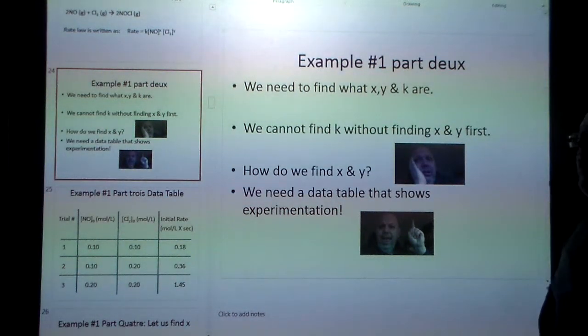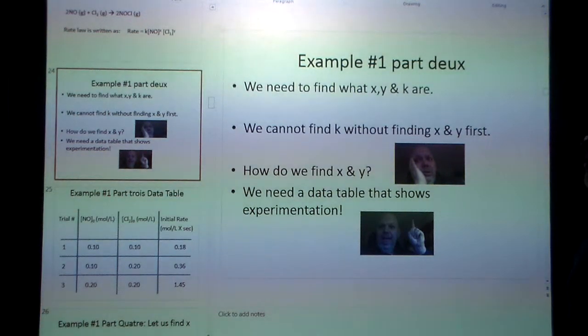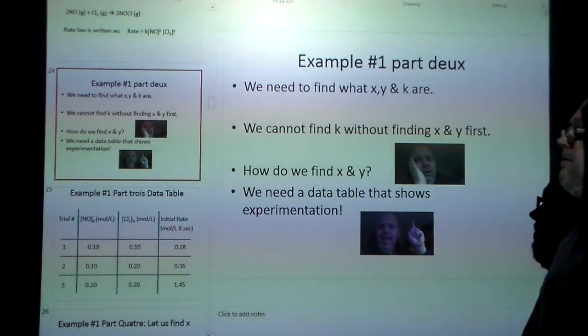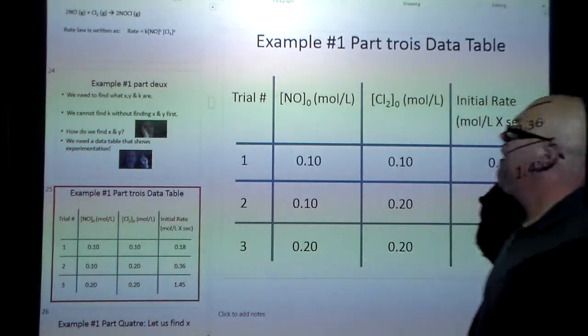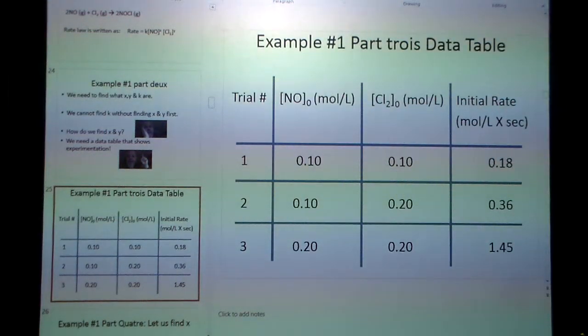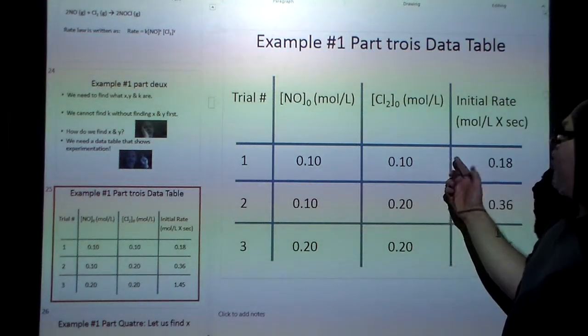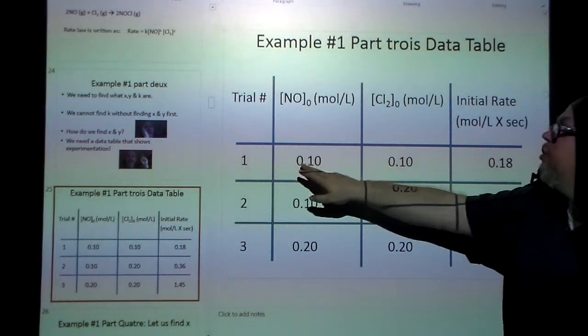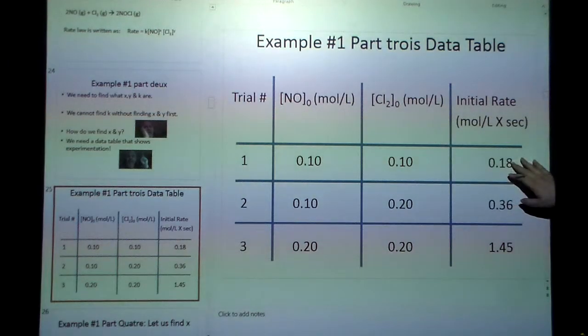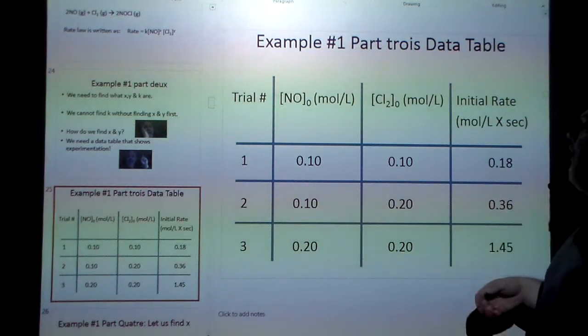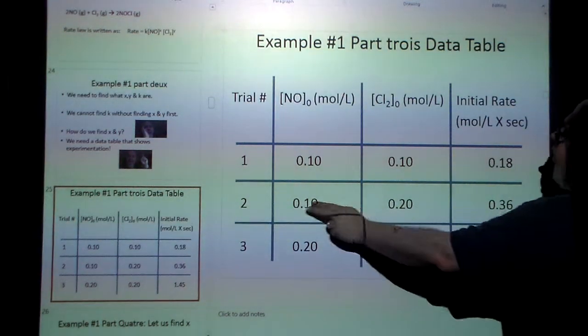So how do we find x and y? We need a data table to show us the experiment. And here it is. Here are our trials, and if you notice, the first has the same concentration of both reactants, with a rate of 0.18 moles per liter times seconds. In the second one, we varied it.